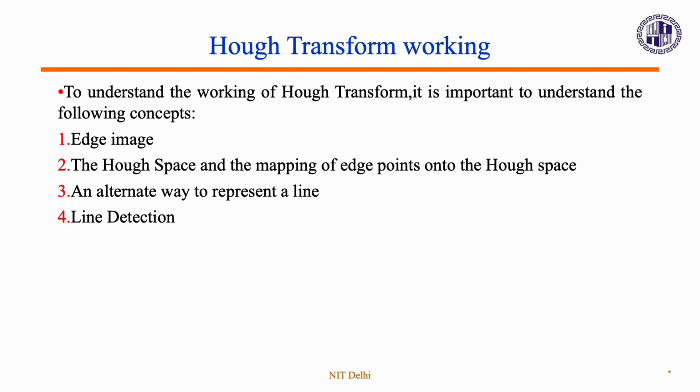Now for understanding the Hough transform working, we need to have some ideas and knowledge about the four basic concepts which are edge image, the Hough transform and the mapping of edge points onto the Hough transform. That means what is Hough transform and how we will map the edge points onto the Hough transform.